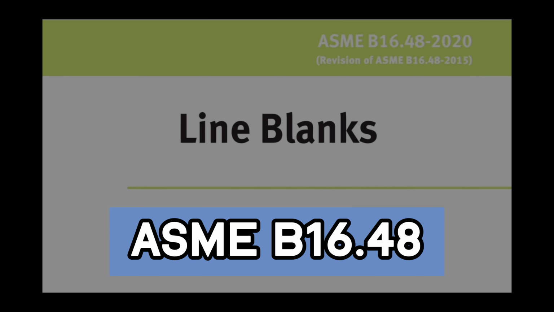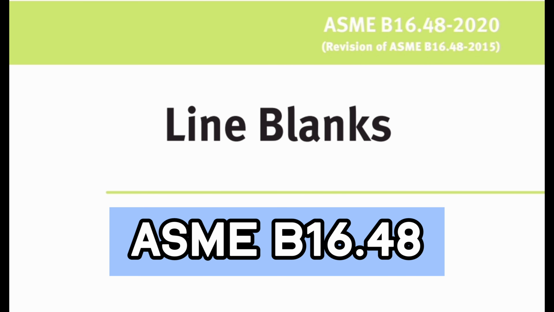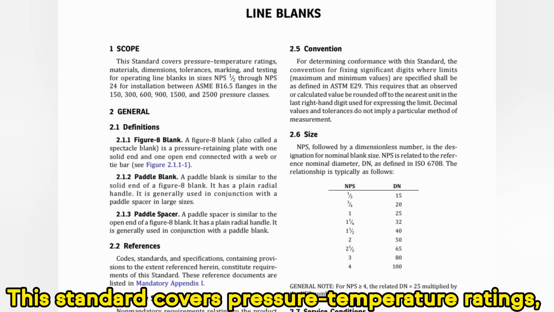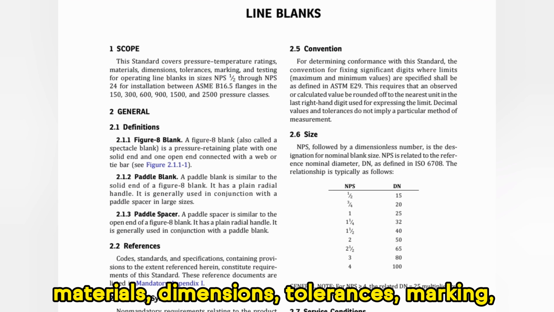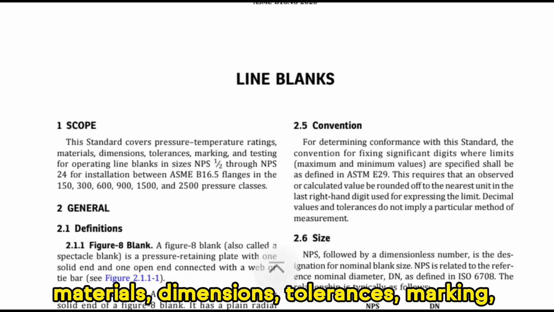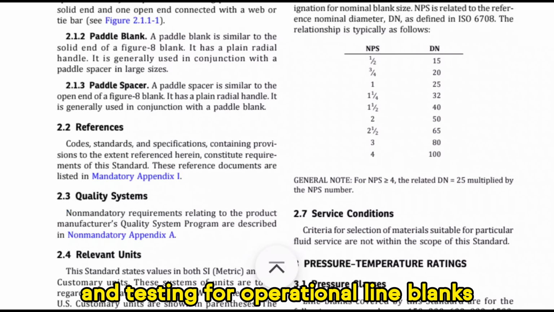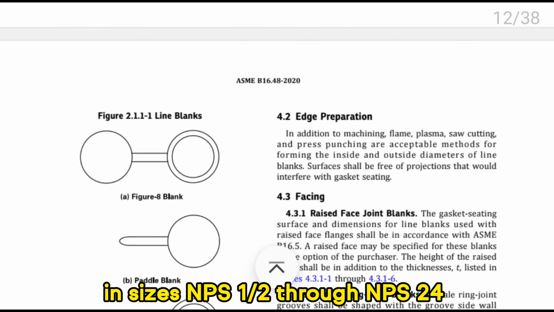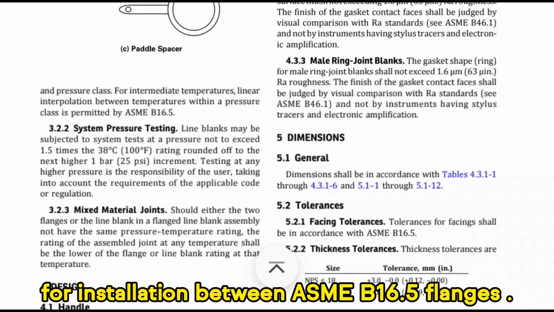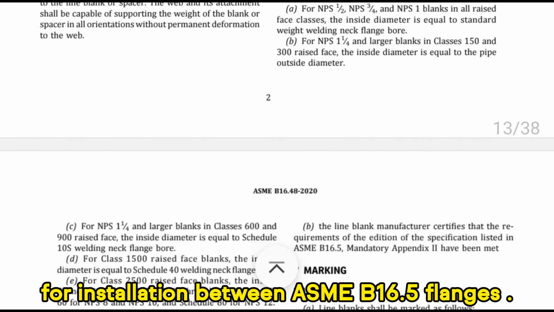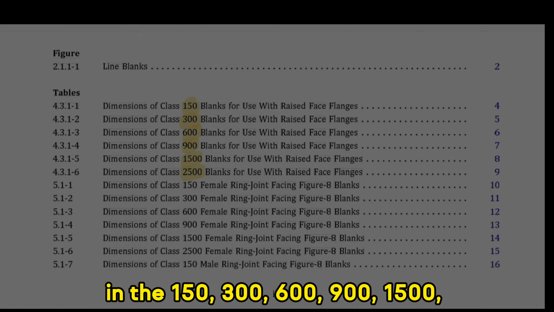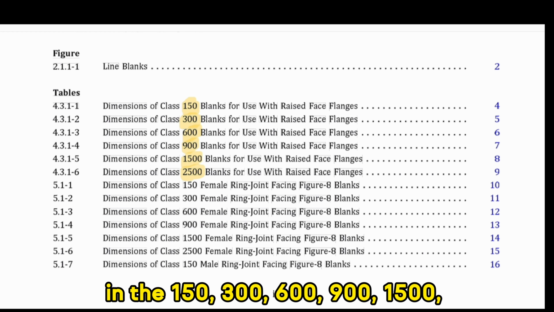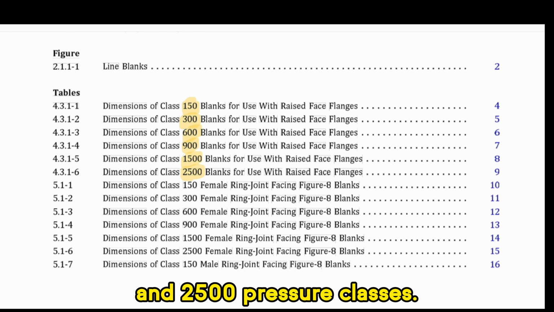ASME B16.5. This standard covers pressure temperature ratings, materials, dimensions, tolerances, marking, and testing for operational line blanks, in sizes NPS 1/2 through NPS 24 for installation between ASME B16.5 flanges in the 150, 300, 600, 900, 1500, and 2500 pressure classes.